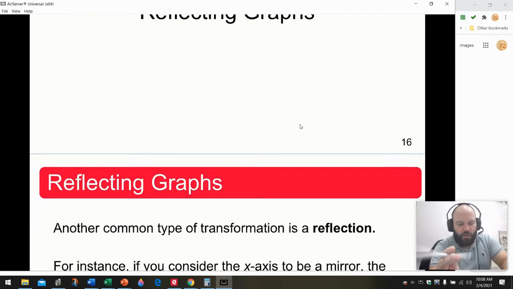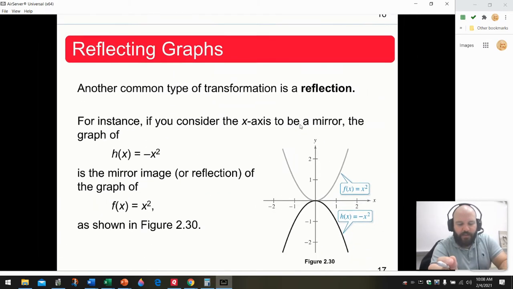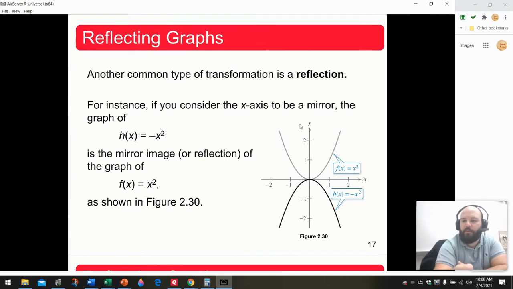Determining which way a graph is reflected is pretty simple, although it's really easy to mix up. Even myself, I sometimes get it mixed up on occasion, or have to think about which way it's moved. But reflections happen because of multiplying by a -1.